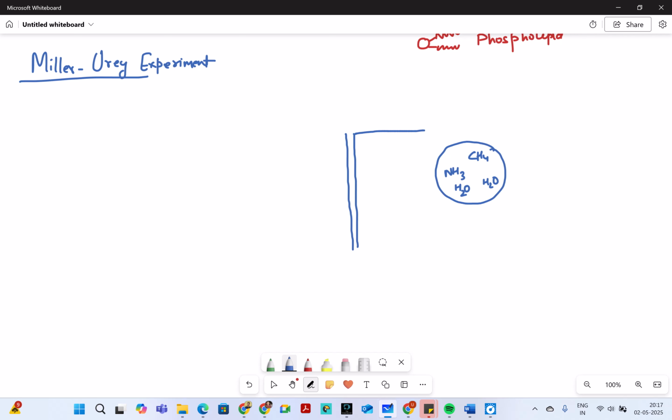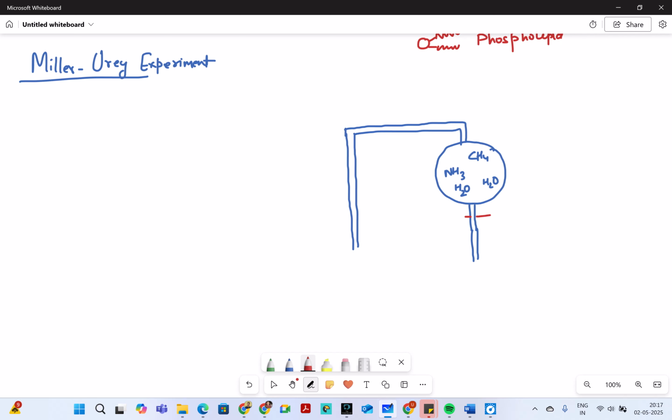Connected to this particular tube, right? This particular tube has one more central outlet, right?